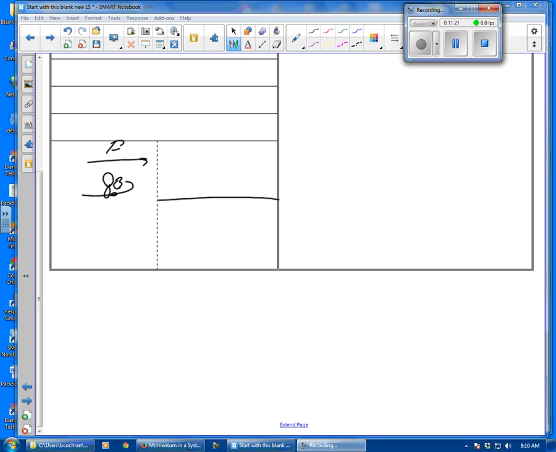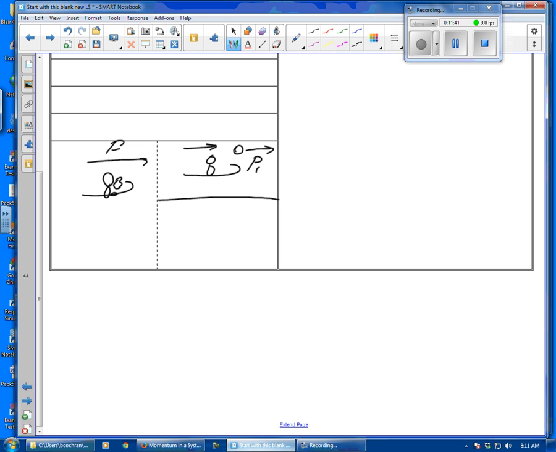Afterwards, in the first situation, we've got our man, and he throws the rock forward. So that's going to be momentum of the rock, and this will be momentum, we'll call it man and sled.